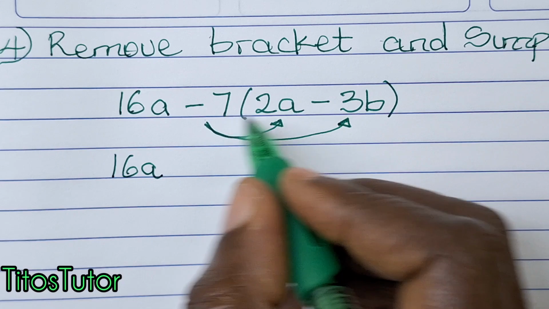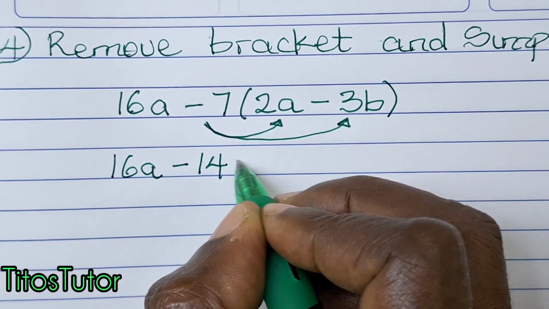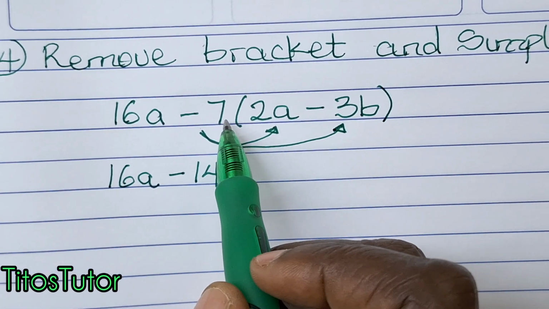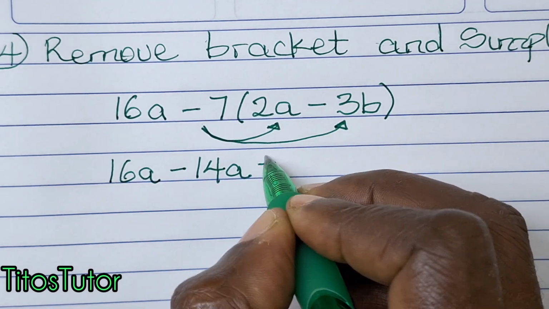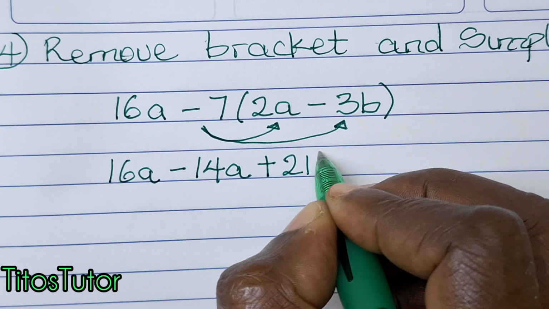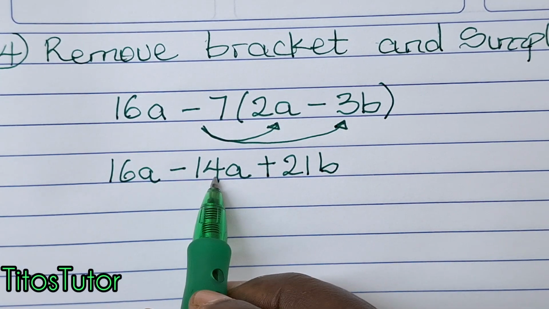Negative 7 multiplied by 2a is going to give you negative 14a. Negative 7 multiplied by negative 3b. Negative and negative multiplying each other is positive. 7 times 3 is 21, and it is b. Can you see? This is 16a minus 14a.